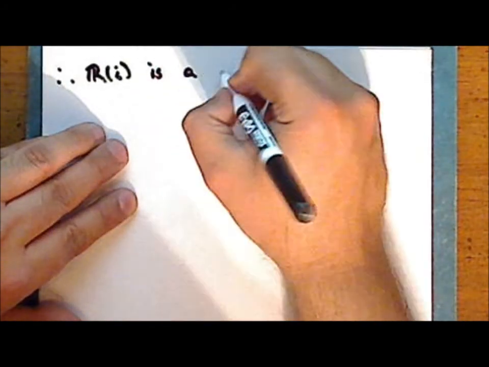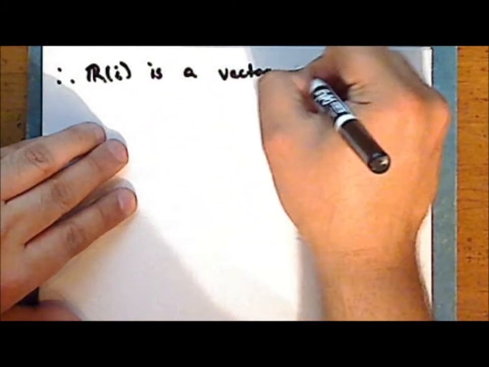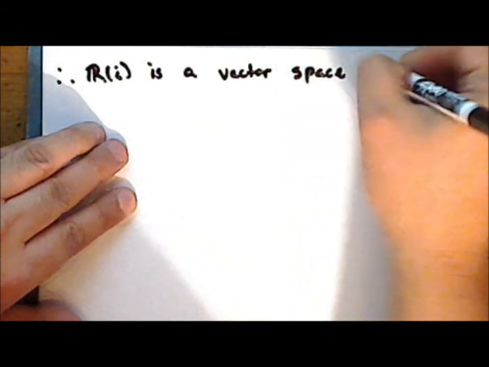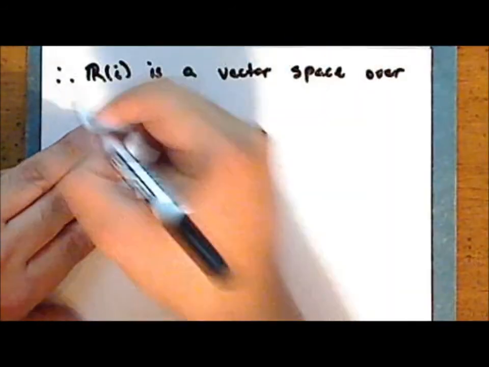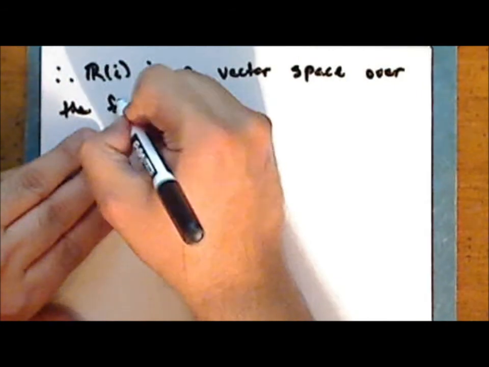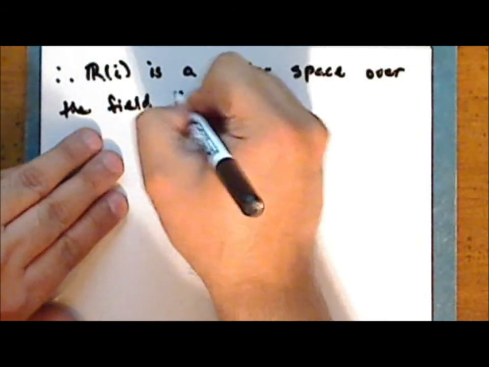And therefore, the algebraic extension of the reals to include real multiples of the number I is a vector space over the field of real numbers.